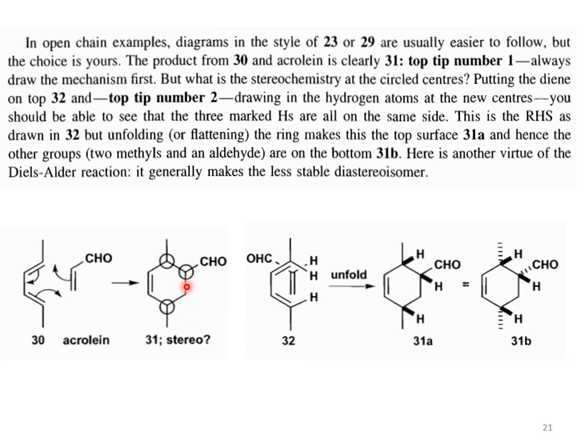So the methyl groups over here are also cis. And this hydrogen of the acrolein is also cis to this hydrogen. So the hydrogens of the diene are cis, then the hydrogen will also be cis with respect to the hydrogen of the dienophile, and the other group, that is the CH2, will be below the plane.